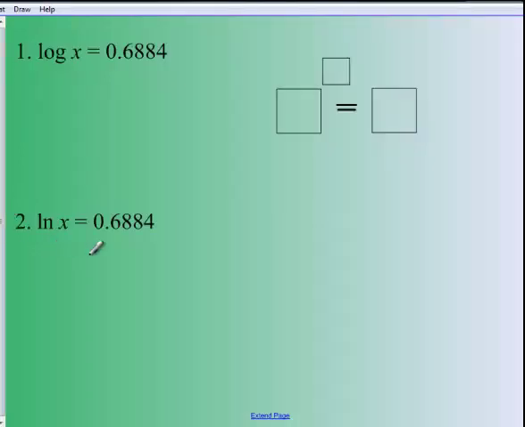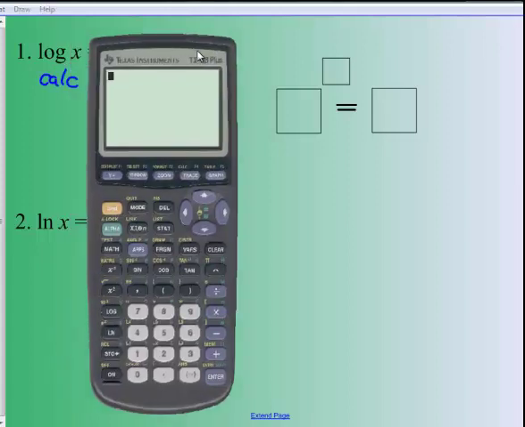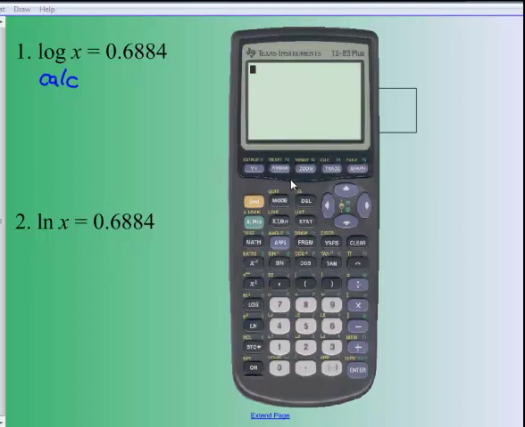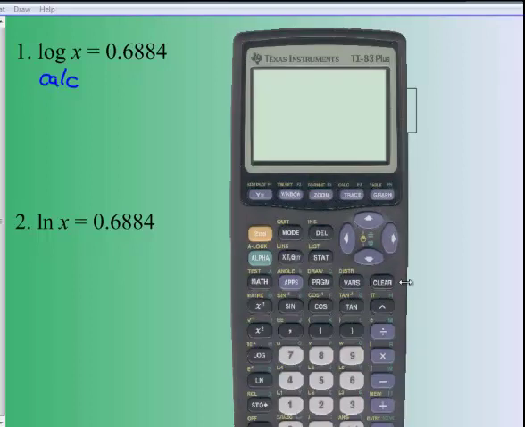Now, is dealing with a natural logarithm any different than dealing with a common logarithm? Nope. The bases are just different. So for example, if we wanted you to do this, you can do it two ways. You can do it on the calculator. So here's my old calculator. And let me make it bigger so you can see it.